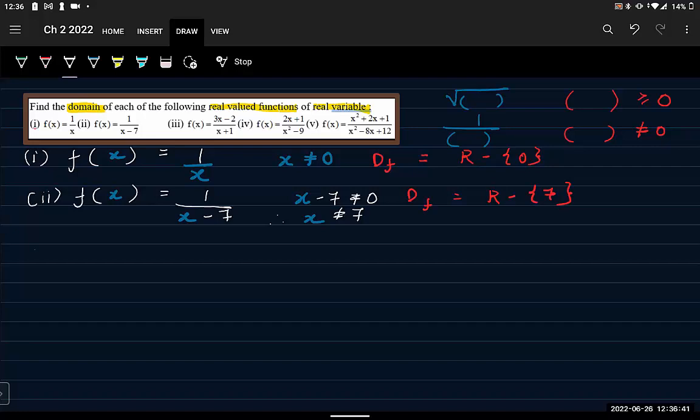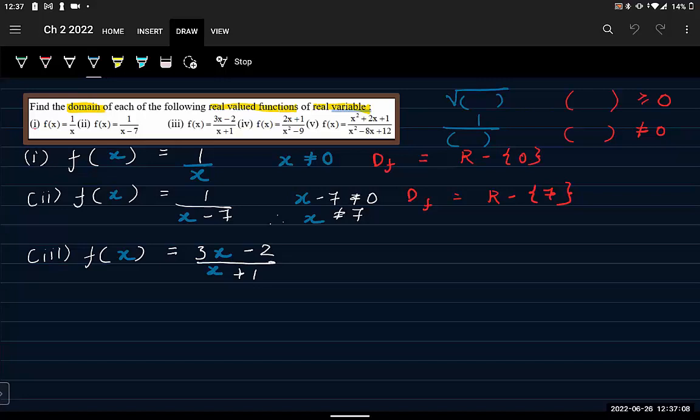Looking for our third function, which says f of x is equals to 3 times of x minus 2 upon x plus 1. Again, we won't look to the numerator because we can apply any value of x in the numerator.